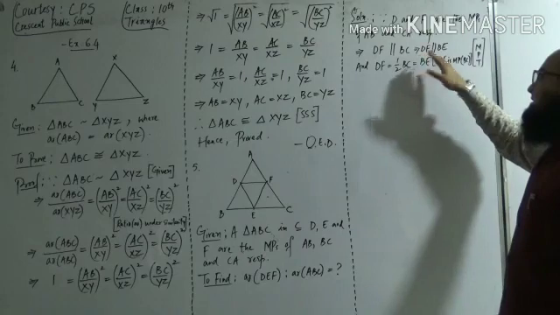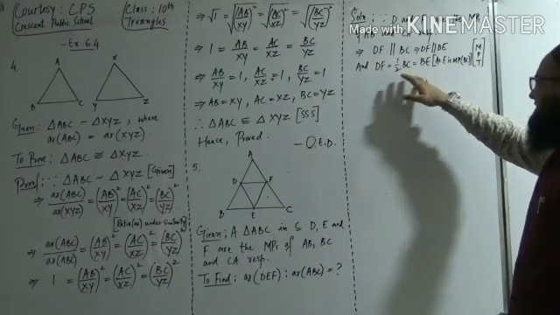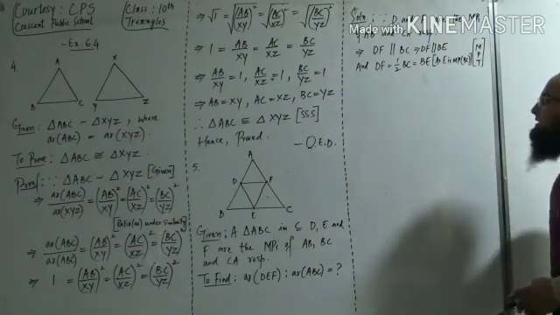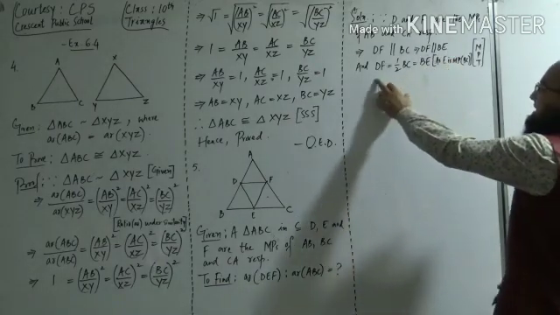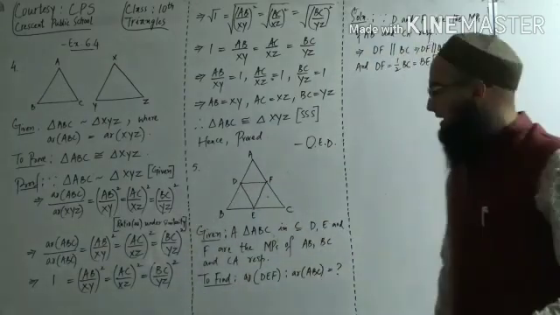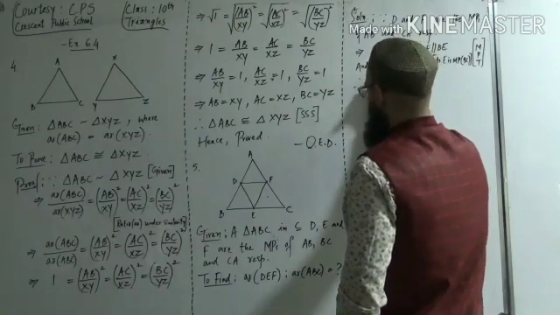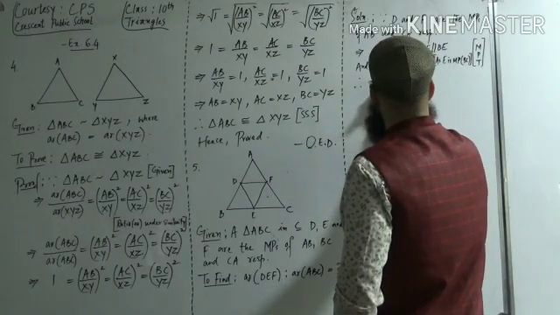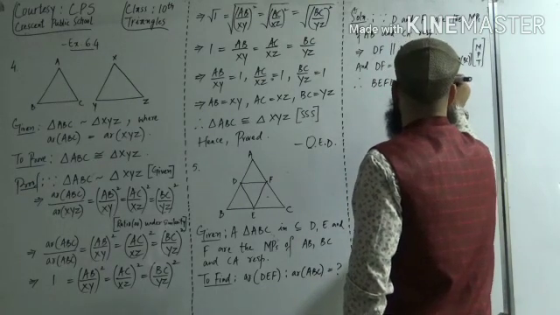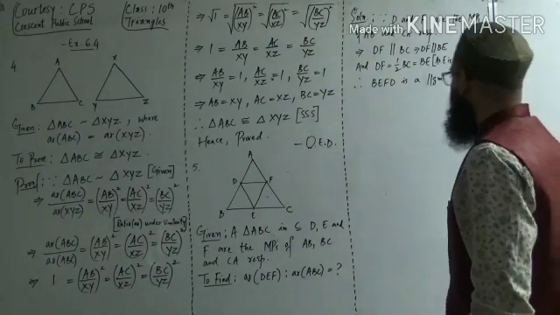Similarly, DF is equal to half of BC, that means DF is equal to BE because half of BC is BE as E is the midpoint of BC. So DF is parallel to BE and DF is equal to BE. In that case, BEFD is a parallelogram, because one opposite pair of sides is parallel and equal.